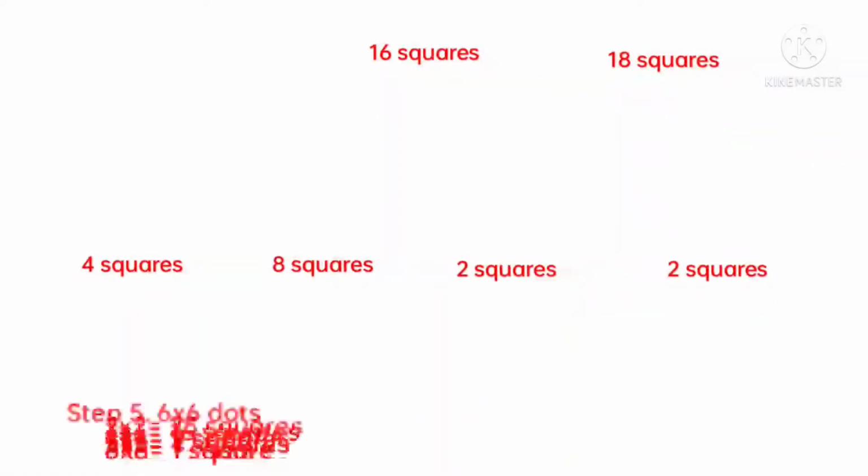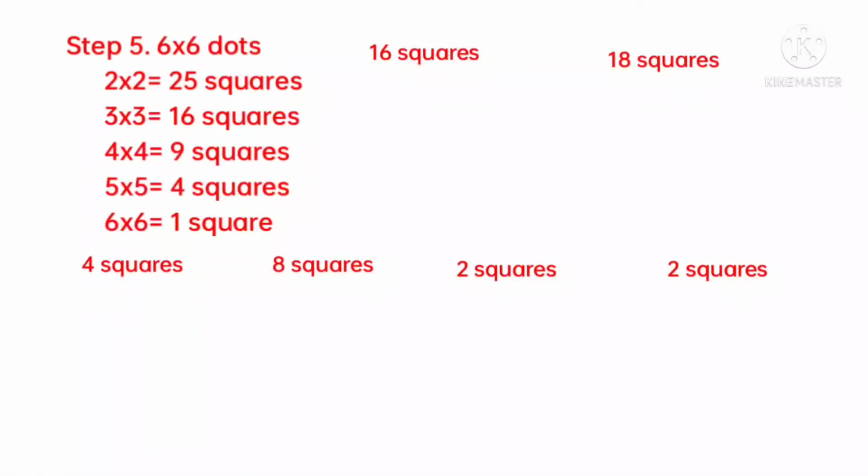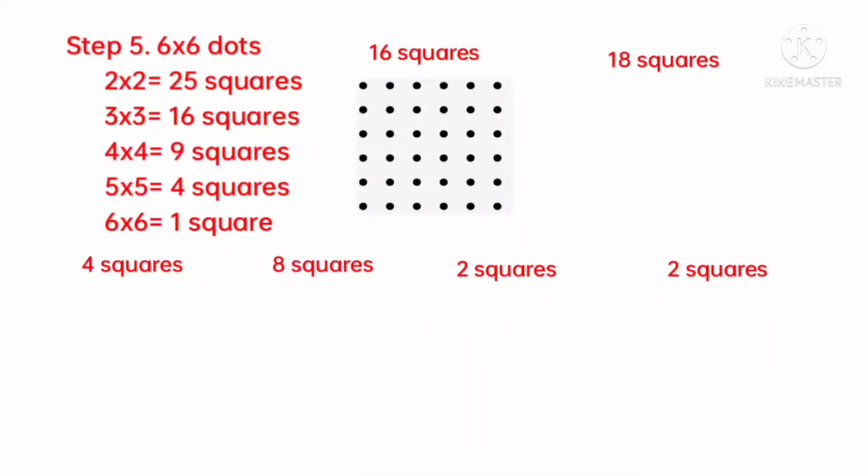So, next is step 5, 6 by 6 dots. So, sa 16 squares na unknown pa yung size niya, ito yung representation niya: 1, 2, 3, 4, 5, 6, 7, 8, 9, 10, 12, 13, 14, 15, 16.